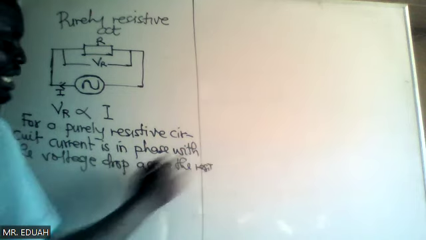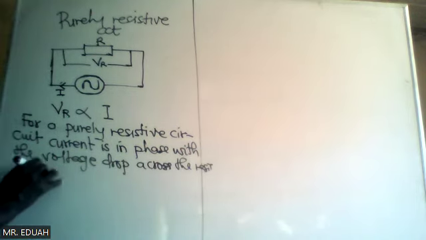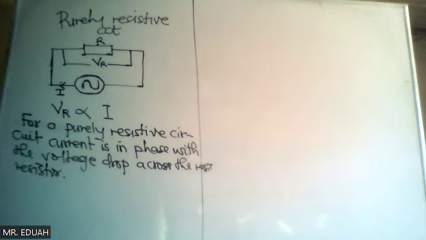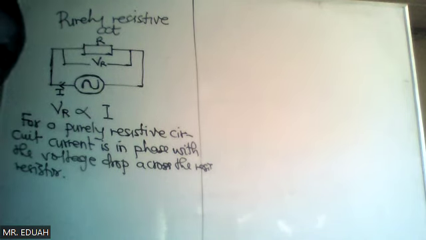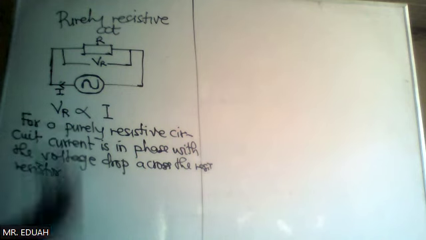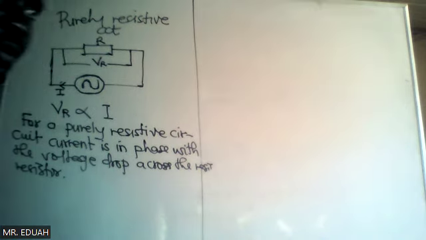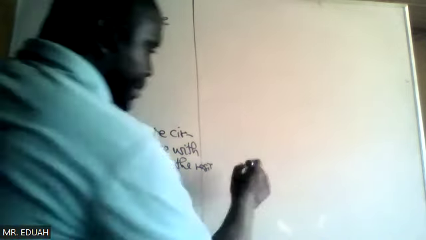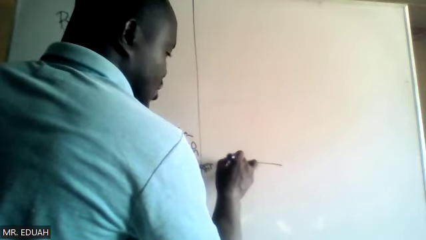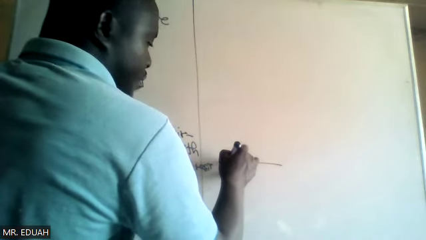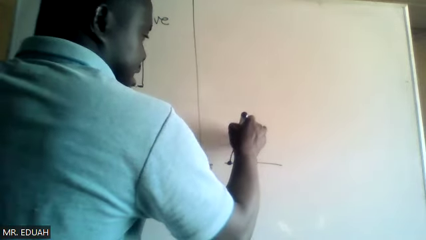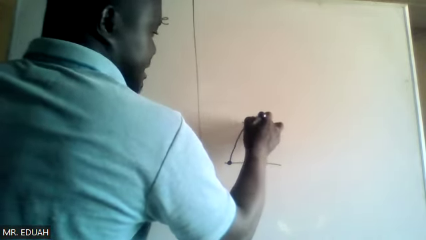And when two quantities are said to be in phase, what it means is that they occur at the same angle in the same direction. Those two quantities rise and fall together. They rise from 0 to their maximum value together. They start from the starting point, increase steadily, get to a maximum level, and then fall to 0.